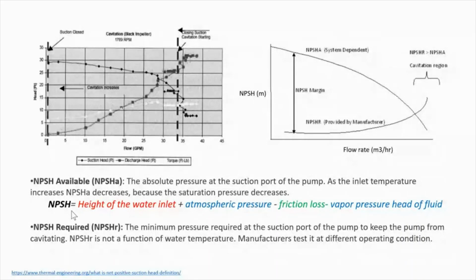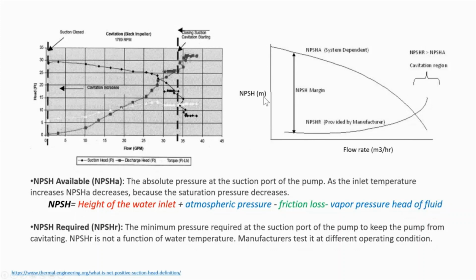So what happens is that the manufacturer that makes these pumps rotates the turbine at different speeds, and they see for each speed what's the minimum pressure you need to stop the cavitation. This is what NPSH required is.